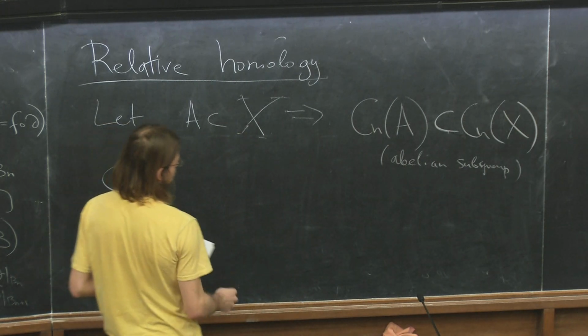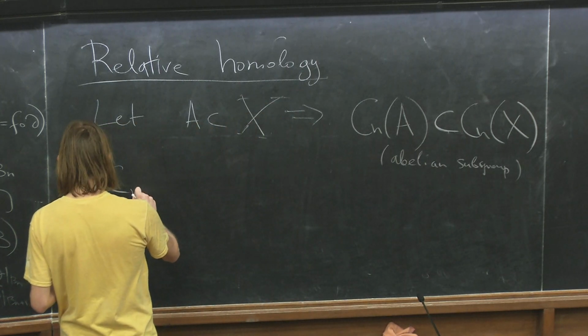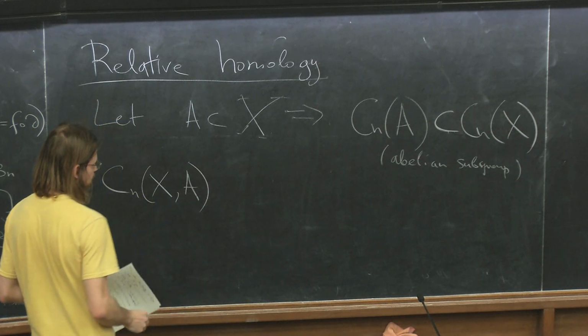Since we have some abelian subgroup, we can always consider the corresponding quotient. An abelian subgroup is always normal.